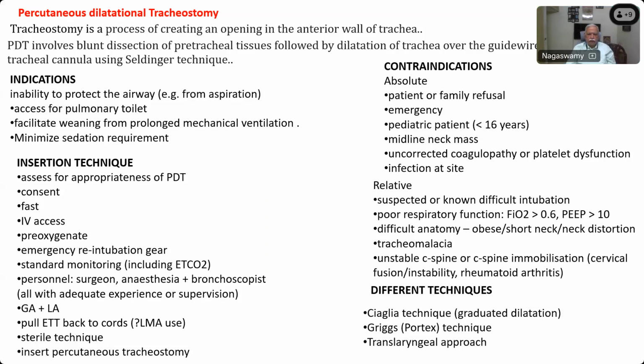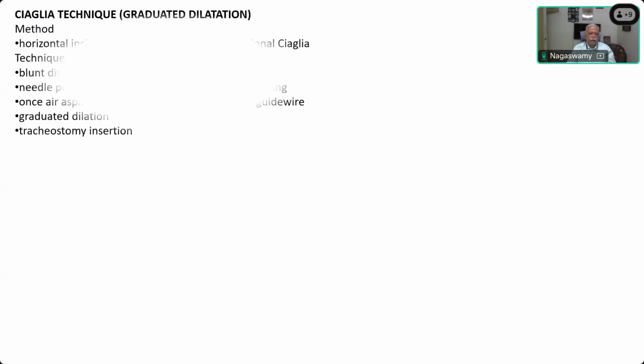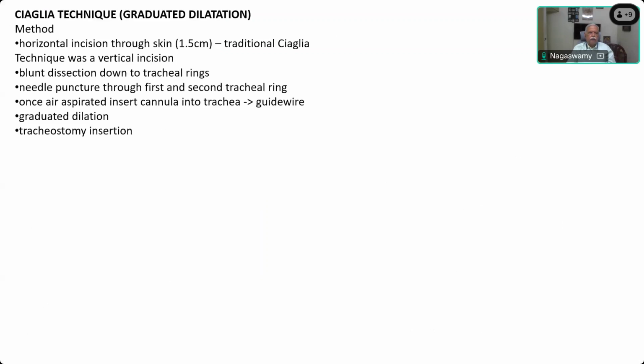There are different techniques: the Ciaglia technique, which is a graduated dilatation, the Fantoni translaryngeal technique, and so on. The classical method introduced first is the Ciaglia technique, where you make a horizontal incision through the skin over the first and second tracheal rings, or the third and fourth tracheal rings.